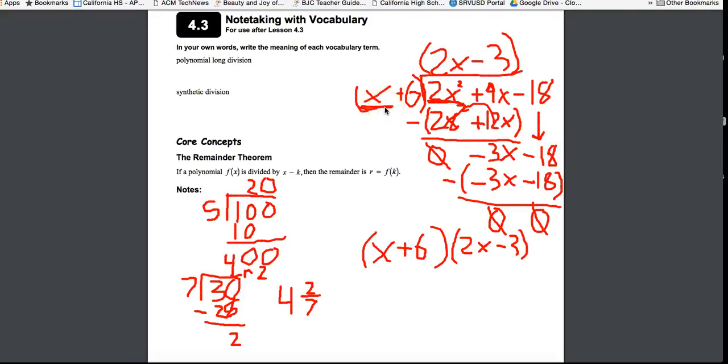When we're doing our long division, we're always trying to think about what number do I need to multiply my first term by to get the first term that we're looking at in each part of our process here. Here we looked at what number do we need to multiply x by to get 2x squared. Well, that's how we got 2x. What number do we need to multiply x by to get negative 3x? Well, that's how we got minus 3 here.